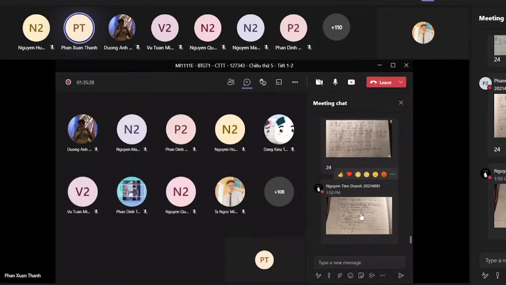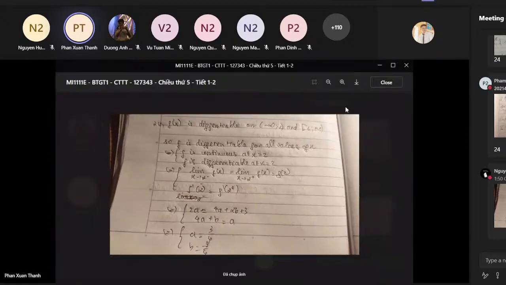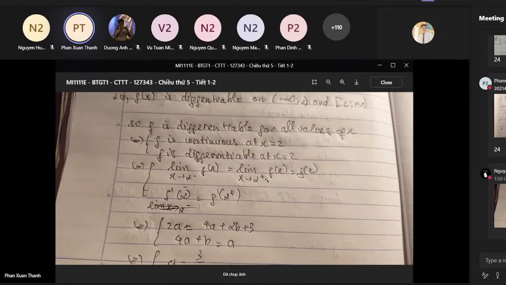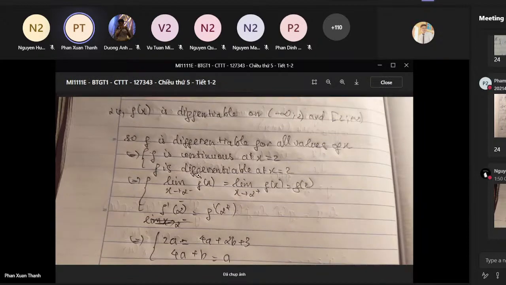And one more, Hoàng Tiến Doanh. Hoàng Tiến Doanh. So f is differentiable for all values of x, equivalent to f is continuous. I think the second is enough: f is differentiable at x equals 0, that's enough.